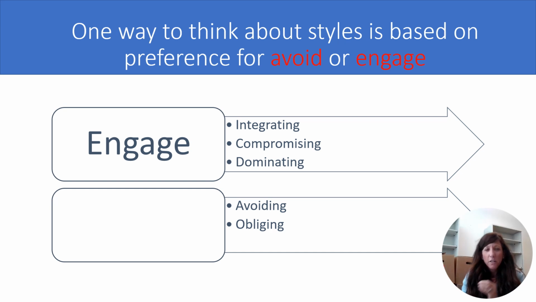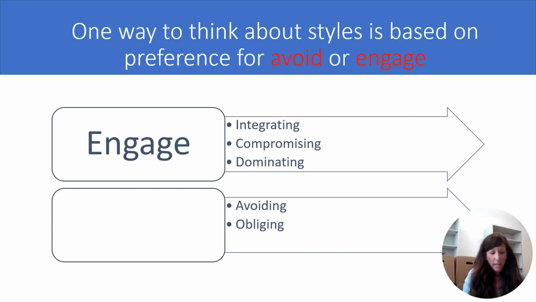If we are using this specific approach, then you can see the styles of integrating, compromising, and dominating are all behaviors that people might use if they have a preference for engaging in conflict, whereas the avoidant and the obliging style would be styles that people who prefer avoidance would be more likely to use.